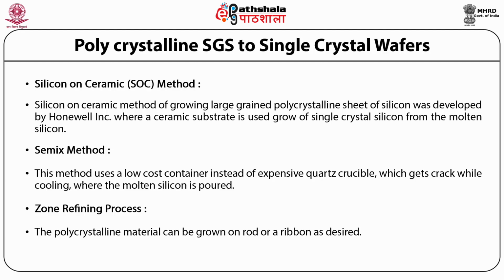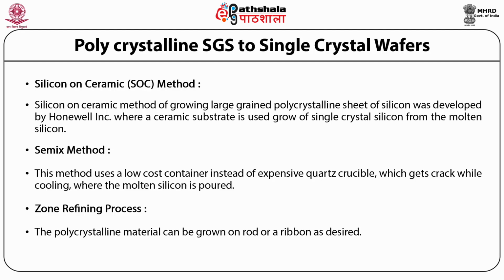The next process is the zone refining process. In this process, the polycrystalline material can be grown on a rod or a ribbon as desired. This is a crucible-free process where the polycrystalline ribbon or rod is deposited by chemical vapor deposition.